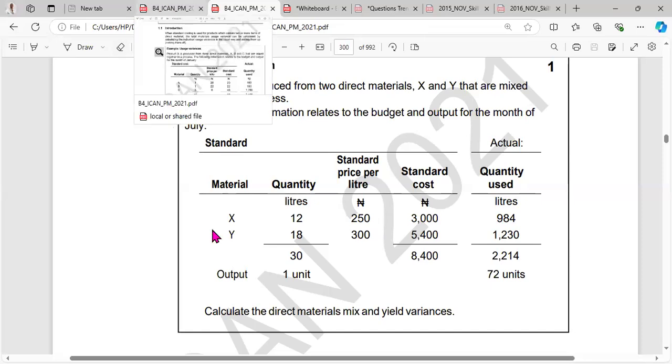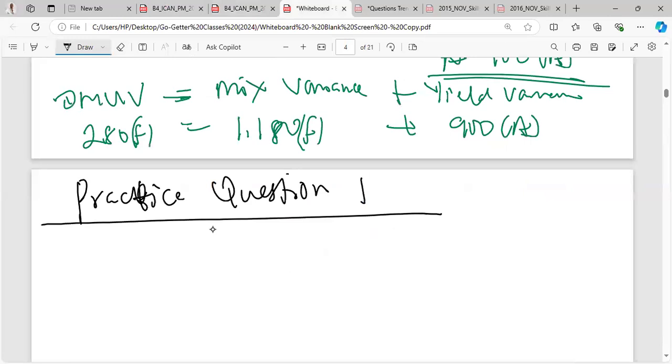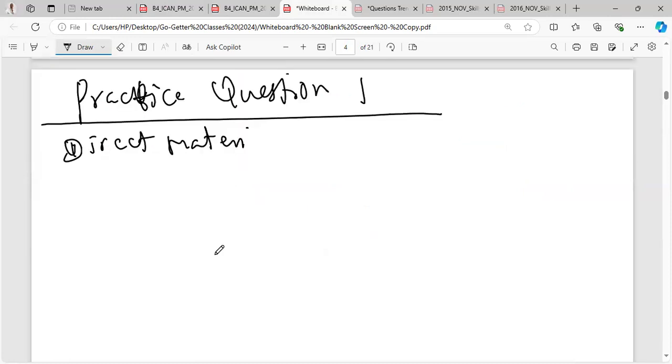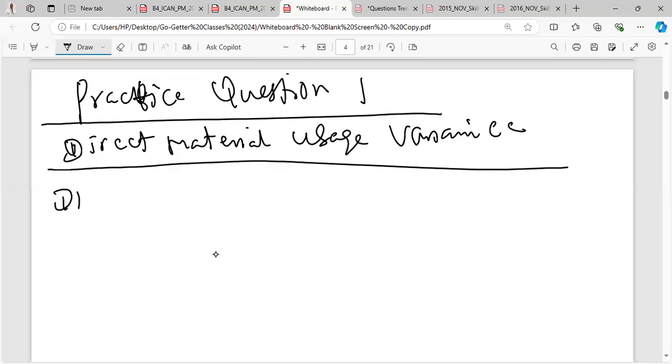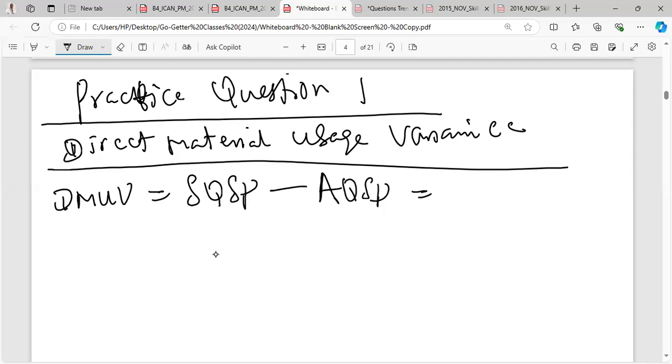So direct material usage variance. We said direct material usage variance is standard quantity, standard price minus actual quantity, standard price, which is the same thing as standard price, standard quantity minus actual quantity.